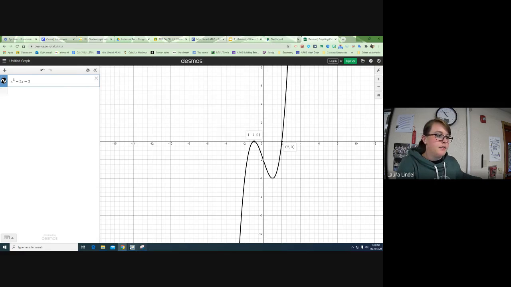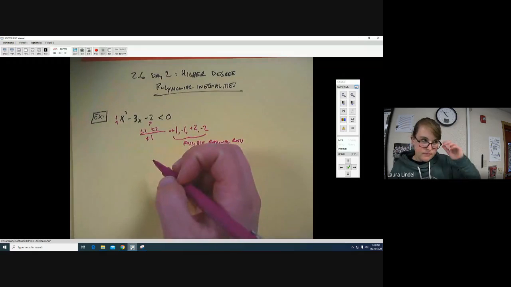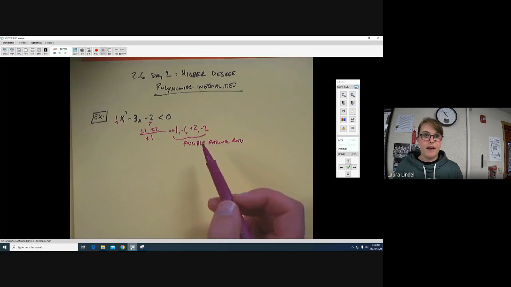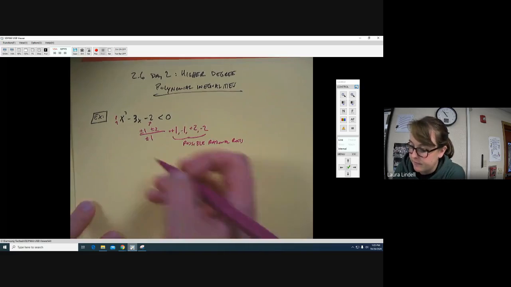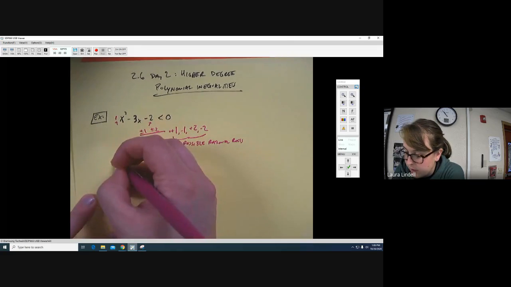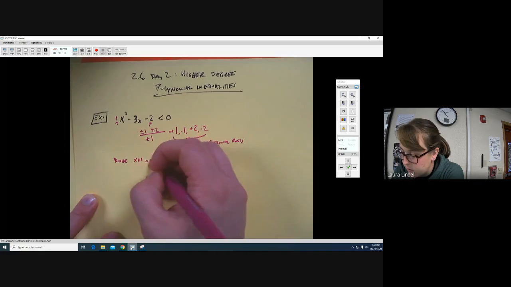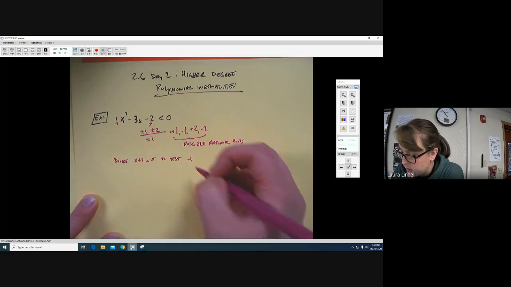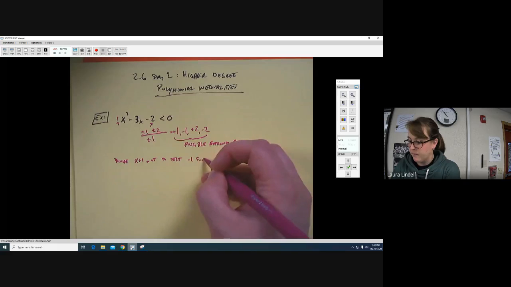But if you wanted to go through and test, especially since this one doesn't have that many possible rational roots, I would divide x plus 1 out to test negative 1 as being a root.